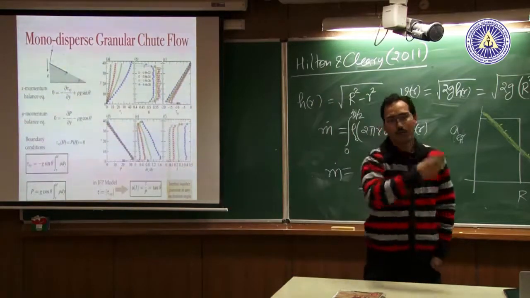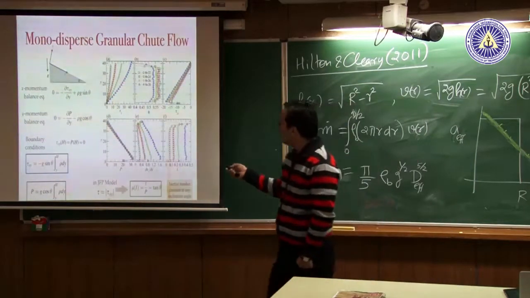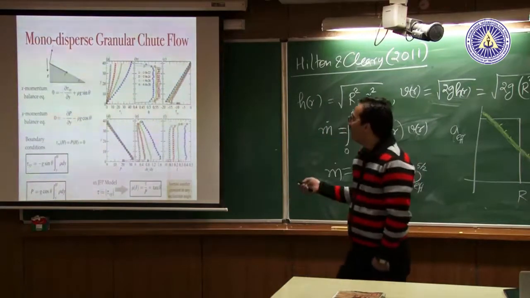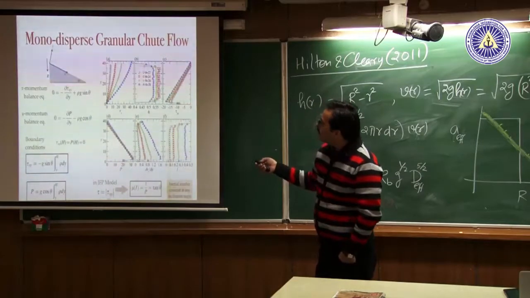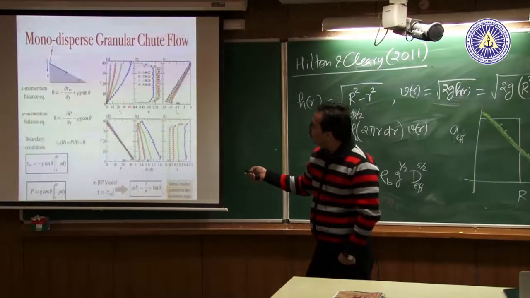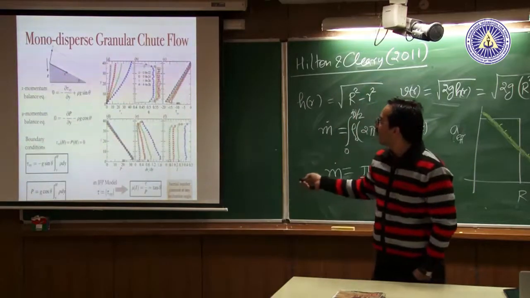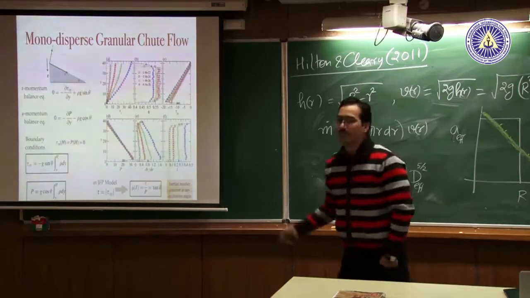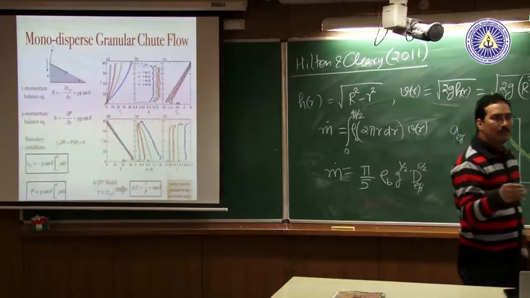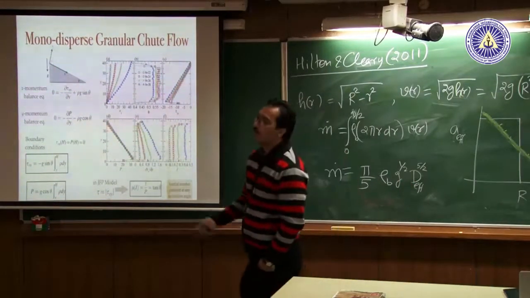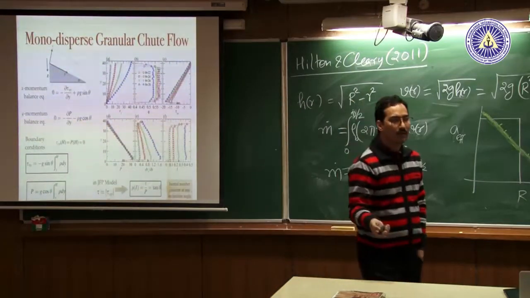The more you tilt your flow, of course you will not have any flow beyond a minimum angle, and beyond that you see a flow, and the velocity profile goes something like this. Functionally, this goes as y raised to the power 3/2, rather than, for example, a Newtonian fluid, where you will have a parabolic profile, y squared.